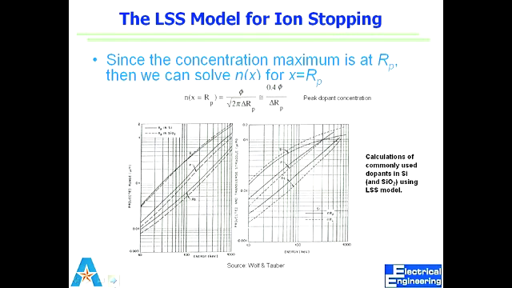When you do your process, you will use these charts to define your energy based on the depth you want. So if you use an energy to figure out how deep you have your profile, you use these, which are calculated from that relation, right?